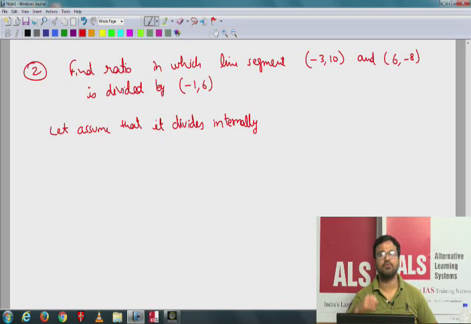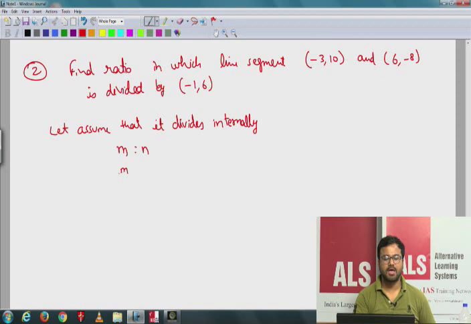So let me tell you how we can interpret whether our assumption is right or wrong. First I have assumed that it is dividing internally. Now the ratio is m ratio n, but we have only a single equation and two variables, so we are not able to solve exactly. So in place of m ratio n, I will divide the complete ratio by n.